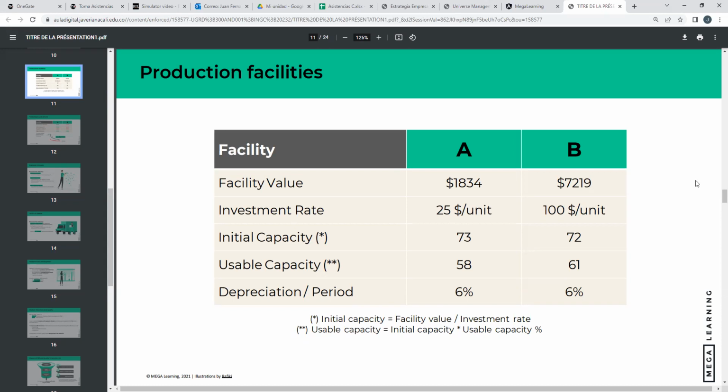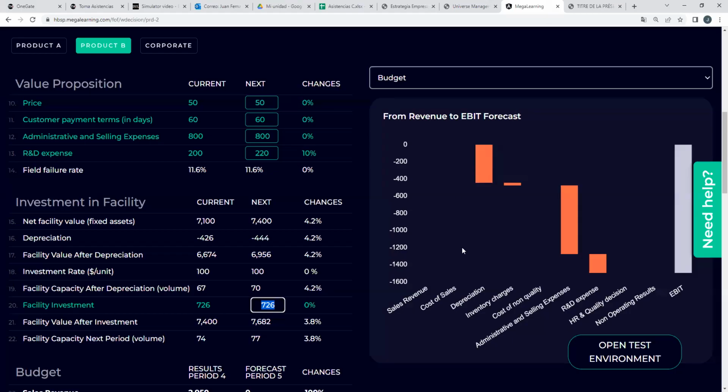Okay, so here in the interface, when it says that facility investment is around $726, this means that for the next round, you are increasing the production capacity of B by around 7 more units.